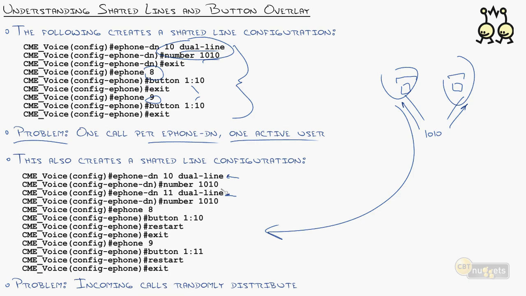Remember when we did the dial plan early on, we created duplicate dial plans, and we said, well, if that one's down, it'll fail over to this one. Same kind of thing here. So we've assigned one button to this guy, one button to this guy, but the problem is now we're using hunting, because we've essentially configured a hunt group.